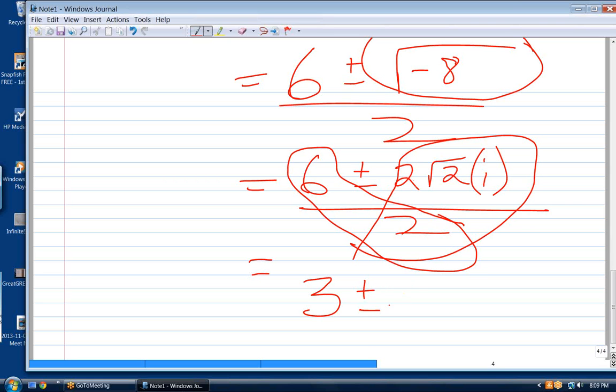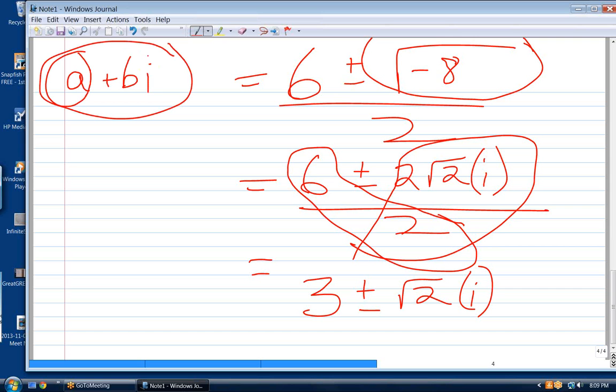You still have the root 2. And notice that the standard format for complex numbers is a plus bi. a is the real part. That's the complex part, or the imaginary part, rather.